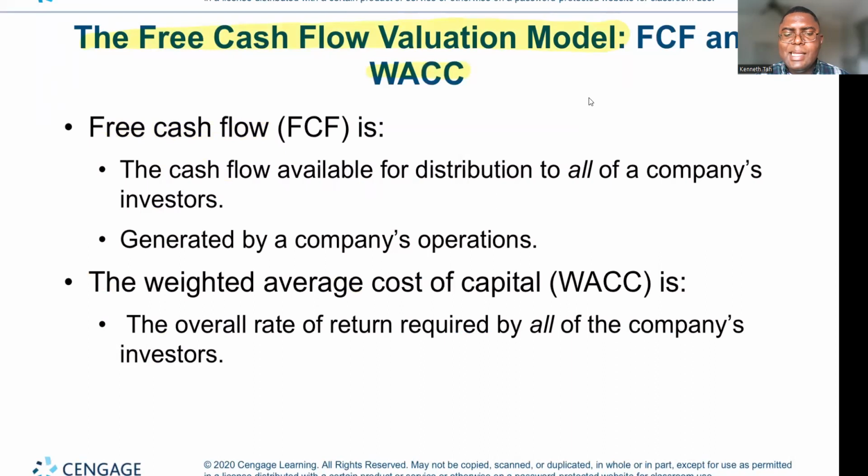And the WACC is the overall rate of return that is required by all of the company's investors. So in the free cash flow model, we are basically calculating the present value of all free cash flow. The interest rate we are going to use is the overall rate of return, what we call the WACC, the weighted average cost of capital.